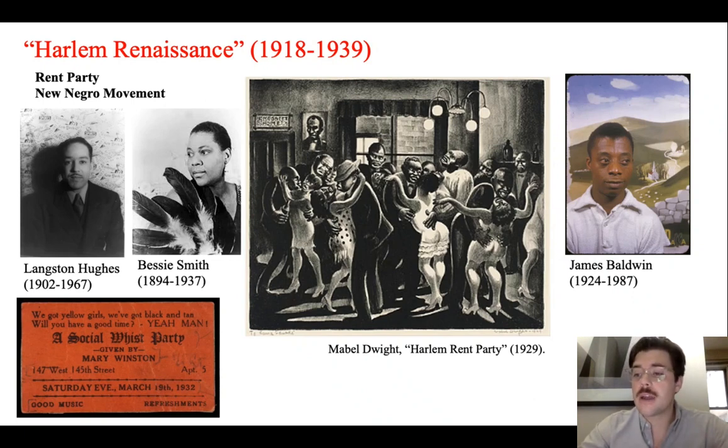And they created the language and social structure, and they created the networks and institutions that carry on through the 20th century. The Harlem gay subculture quickly declined, however, after the stock market crash in 1921, which really put a damper on the rent party scene. But nonetheless, these institutions carried on even past that time.